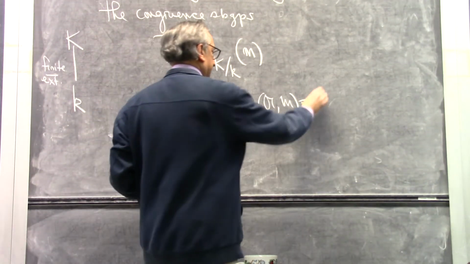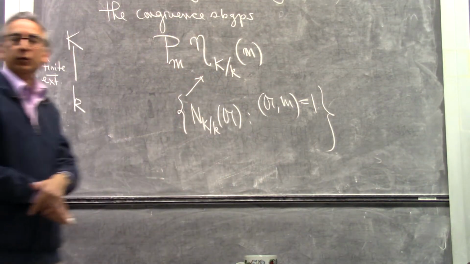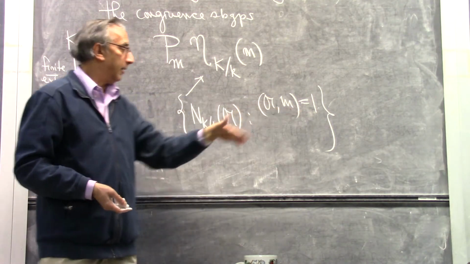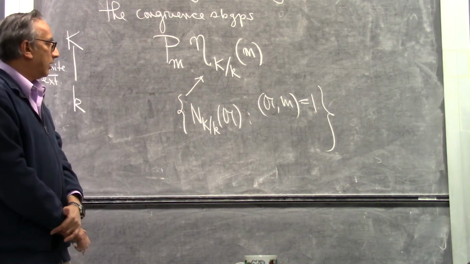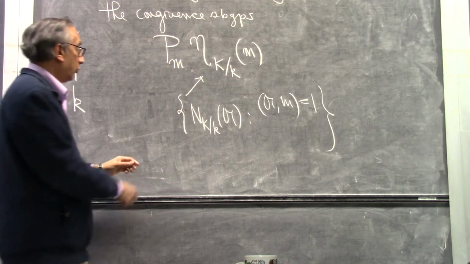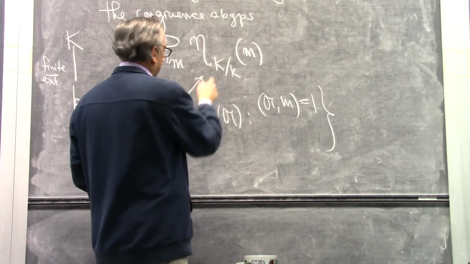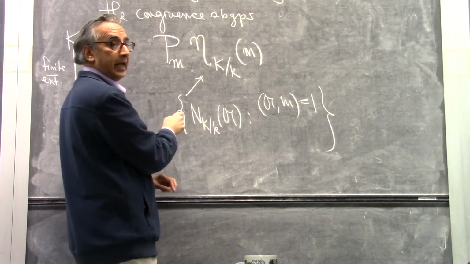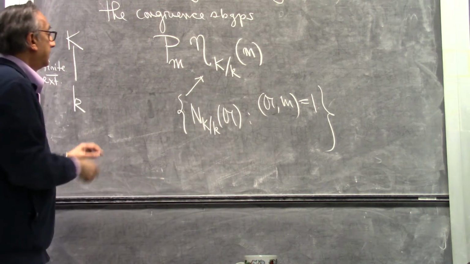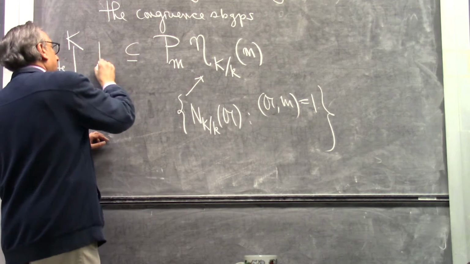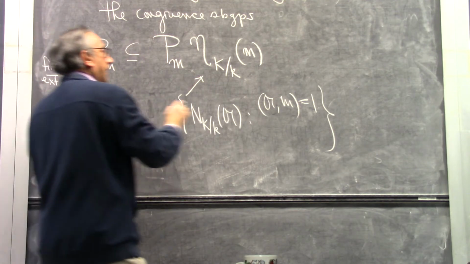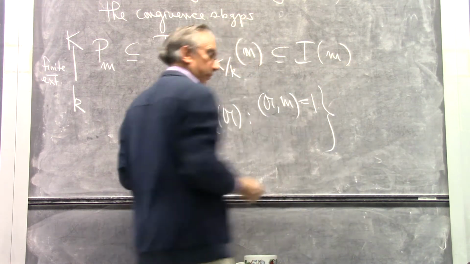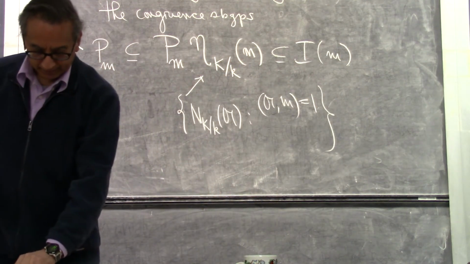So it's a group of all norms of fractional ideals which are co-prime to m. This is called the norm group. It's a relative norm, so when you take the relative norm, it's an ideal in the base field k. This of course contains P sub m, and of course it's contained in I. And notation, we have that.